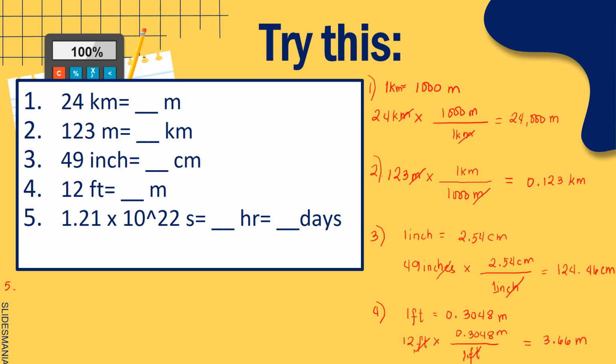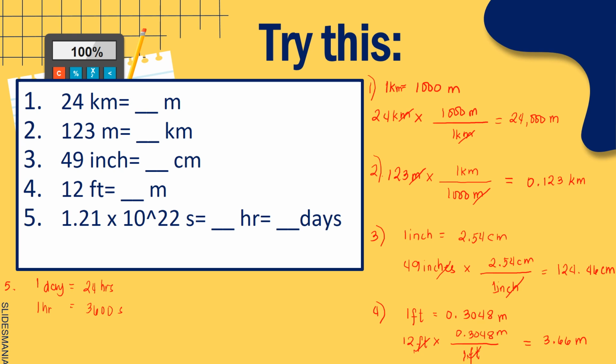So of course, remember that 1 day is equal to 24 hours. And 1 hour is equal to 3,600 seconds. That's 60 times 60.